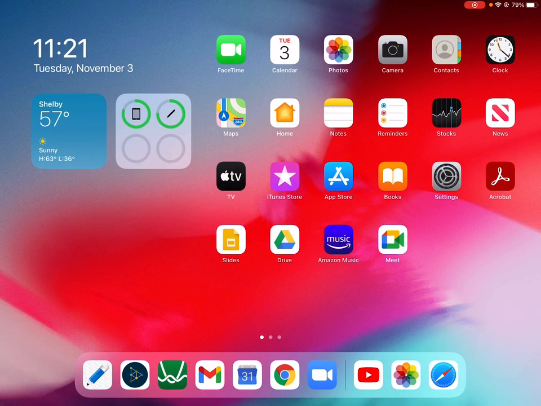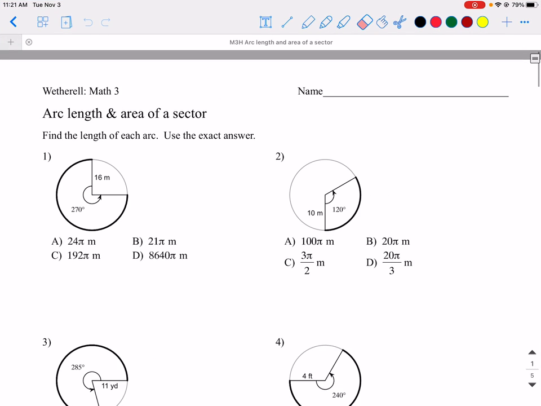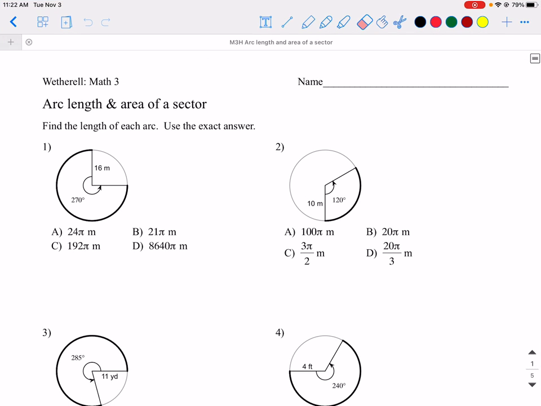Going back to my first problem, I am to find the arc length and find the exact measure. The exact measure means I'm going to have the pi in the answer, because I'm not putting 3.14 in for pi. So using the formula for arc length for degrees, arc length, I'll just put AL equals theta over 360 degrees times 2 pi r.